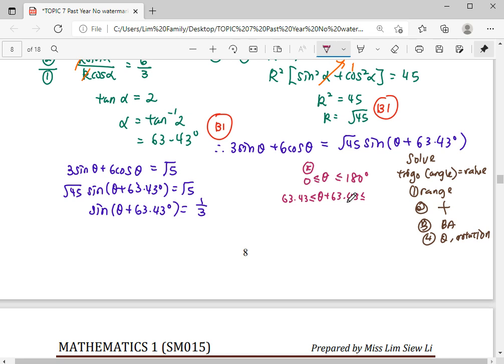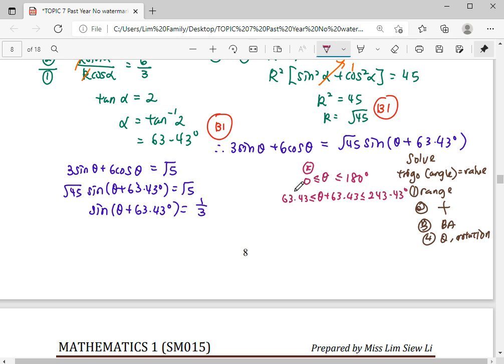So our range will follow our latest form of our solution here. Our range here will be starting from 63 until 243 something.